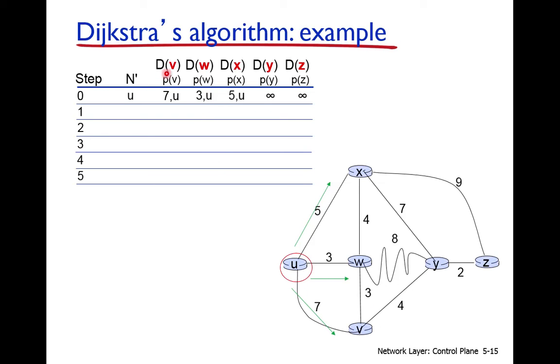Similarly, the distance from U to V is 7, and the previous node of V on this path is U. And the cost from U to Y is infinite. Why? Because if I am standing here, I can only go through these links. I don't know about the other links, so these costs are infinite. Now after computing the cost at each step, this is the first step.